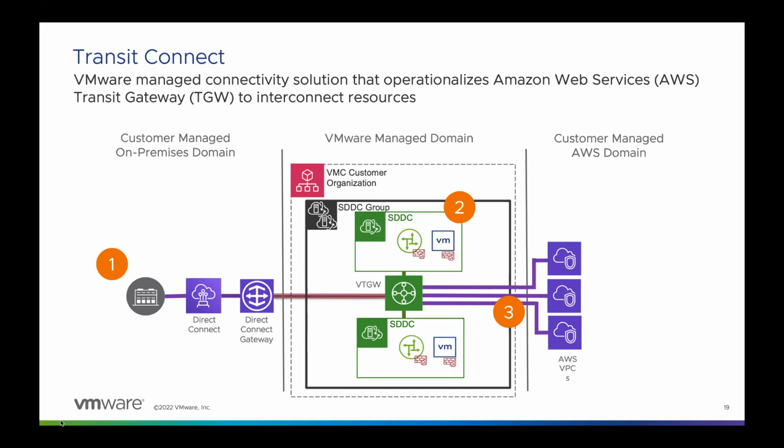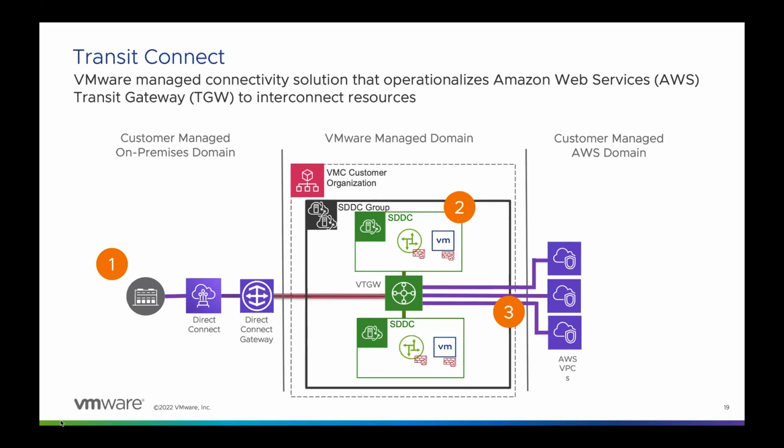So that Direct Connect gateway is going to be connected to that virtual transit gateway. And like I mentioned before, with the issue that customers had, how are we going to connect multiple SDDCs together? That can be done through that virtual transit gateway, or Transit Connect from VMware.